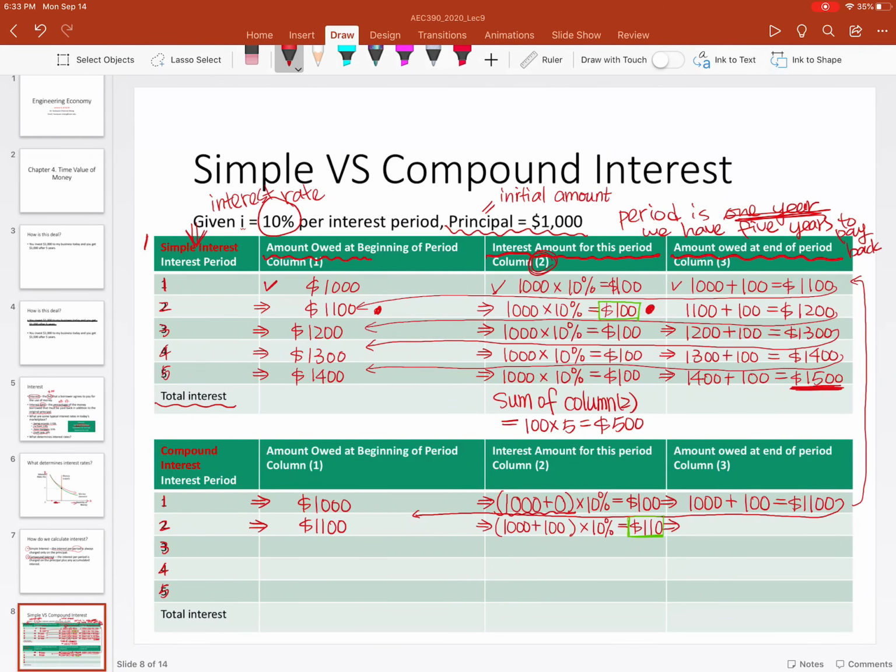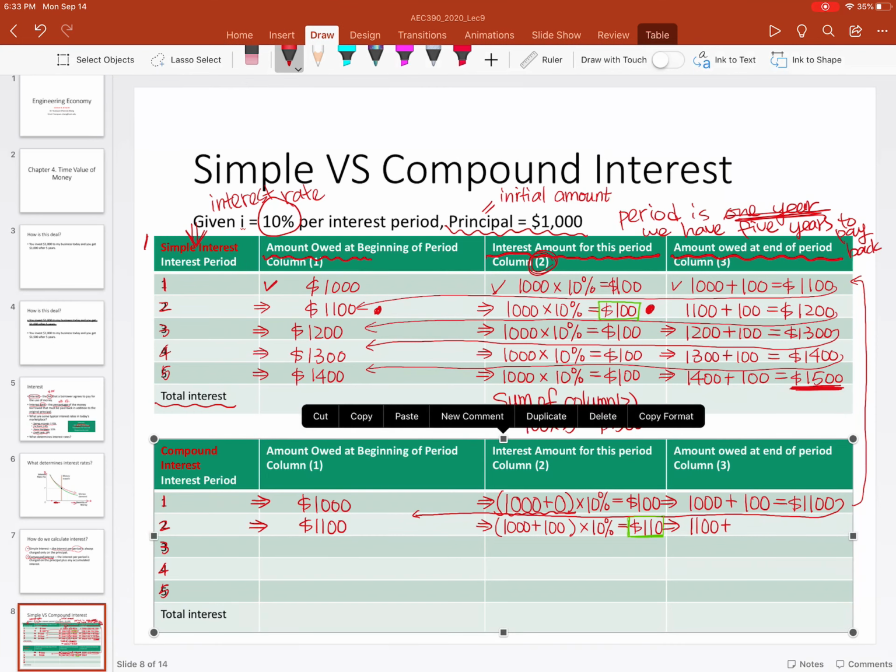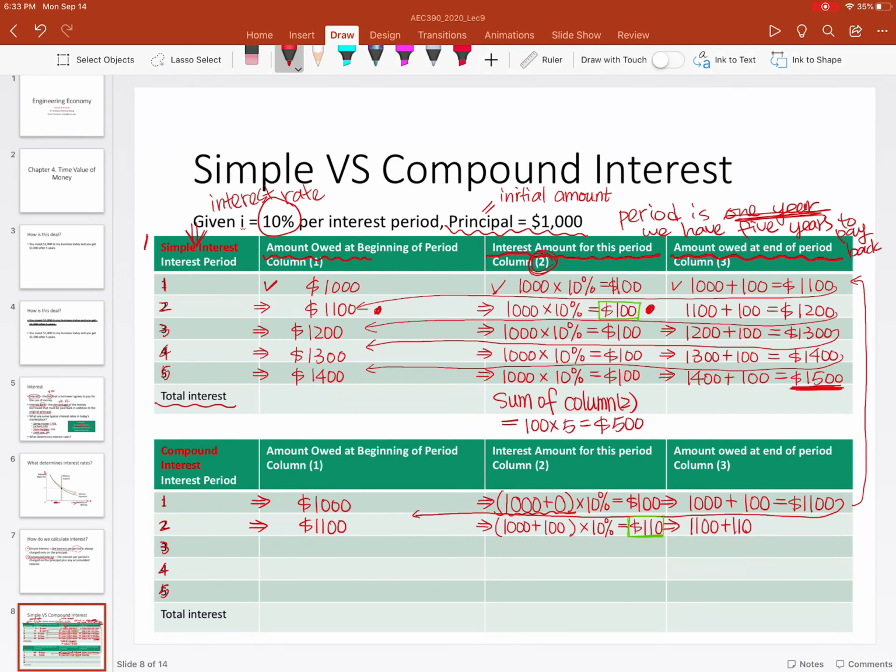Okay. Now let's take a look at the amount owed at the end of the second year. It will be the amount you owed at the beginning, which is 1,100, plus the interest. Now the interest will be 110. It's not 100, okay? So the total amount you owed at the end of the second year will be 1,210.